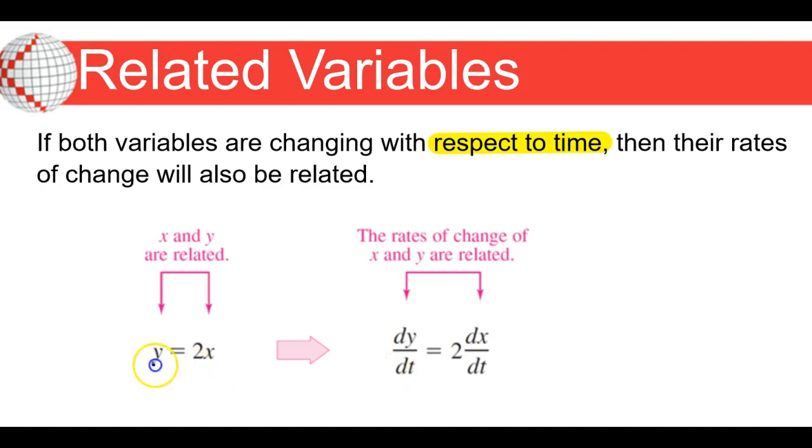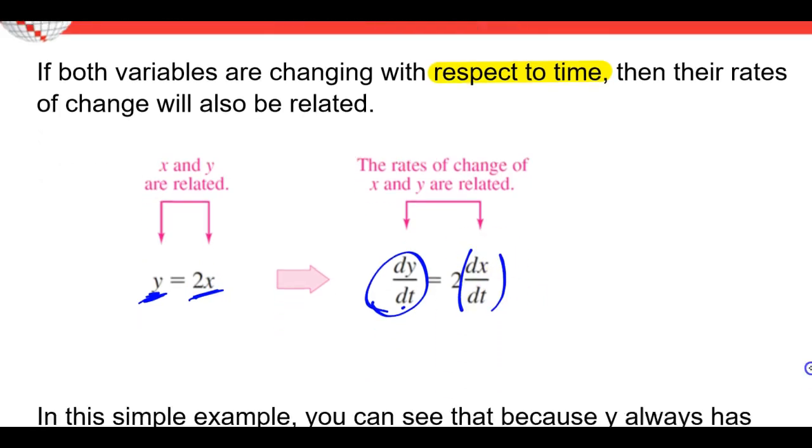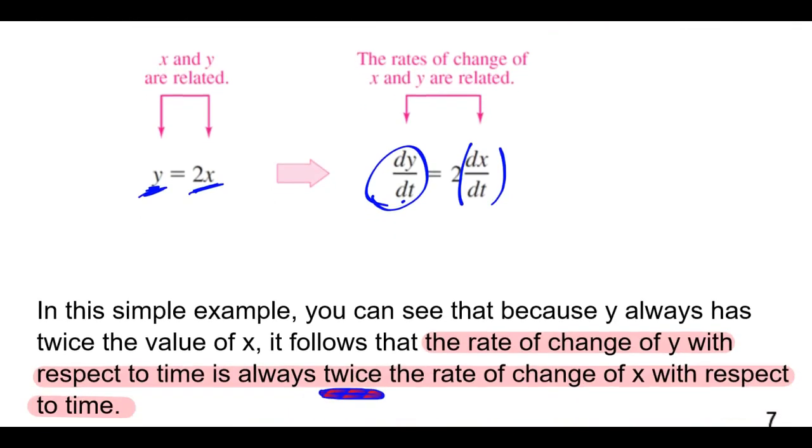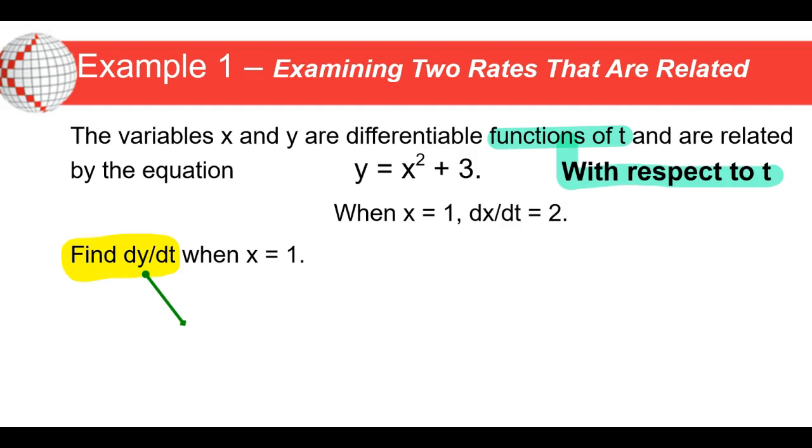So the derivative of y is dy dt because it's with respect to time, and the derivative of 2x is 2 dx dt. So you can see that the rate of change of y is always twice, that's the 2, the rate of change with respect to time.